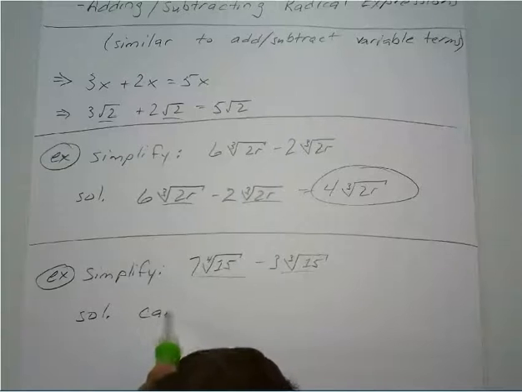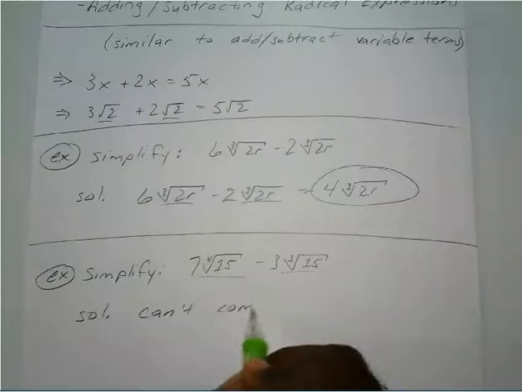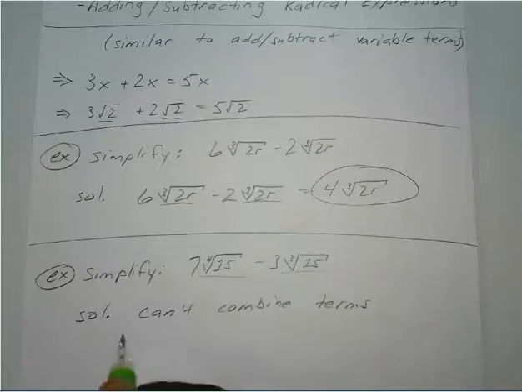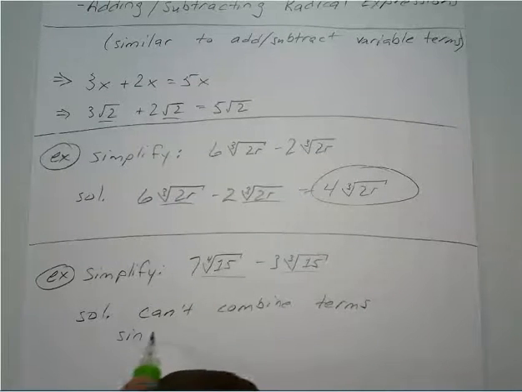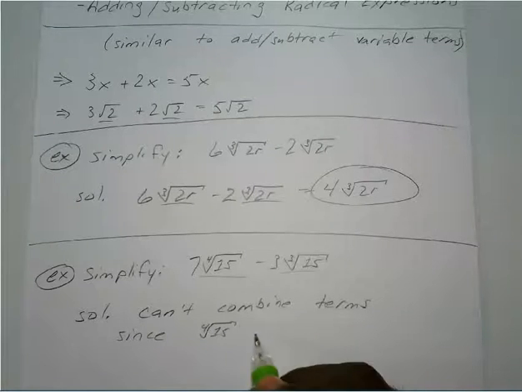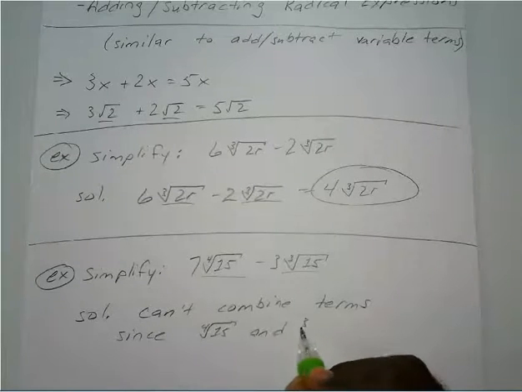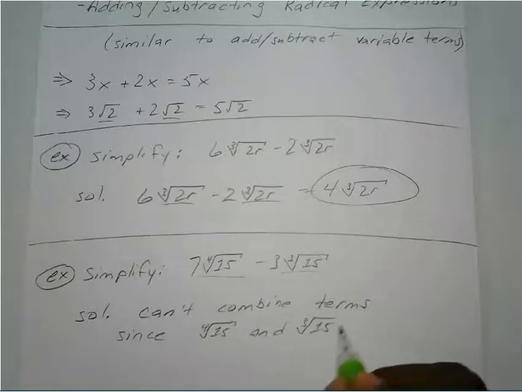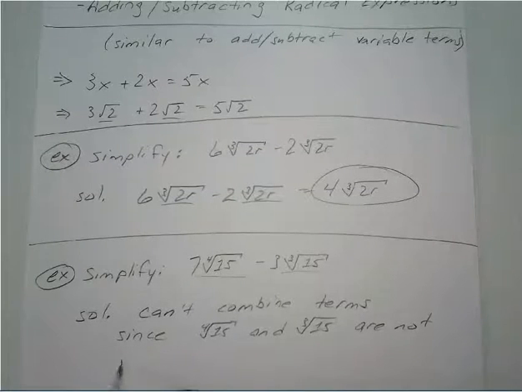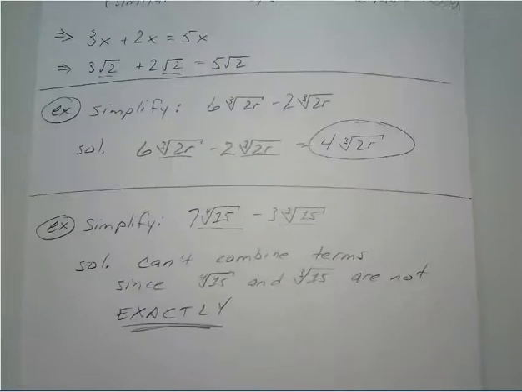Okay, so we can't combine terms since the 4th root of 15 and the cube root of 15 are not exactly the same. That's the key word there.